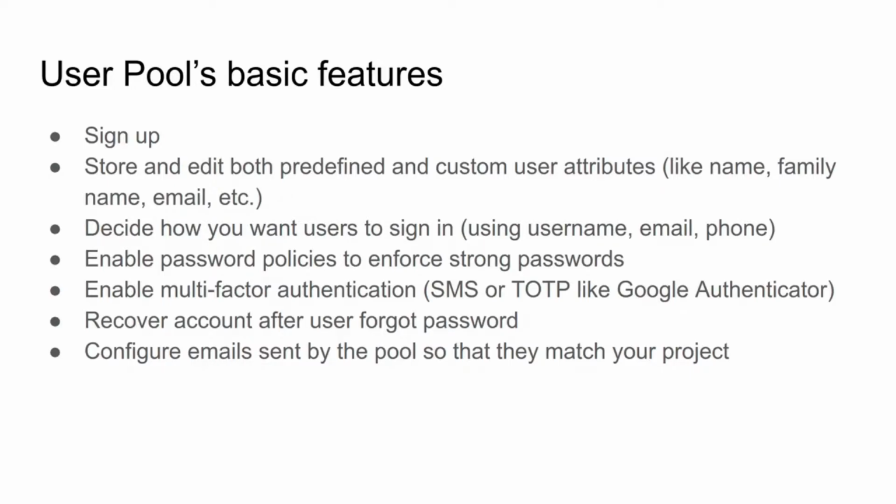Alternatively, the pool administrator, so someone with AWS credentials allowing admin access to the pool, can reset the user's password. Since a user can send emails, we can configure some of their attributes to match our project's requirements. The above are just some of the things we can do with a user pool. I'll not go into all of the features here because many of them are topics for their own posts.